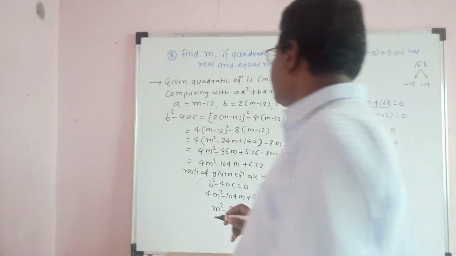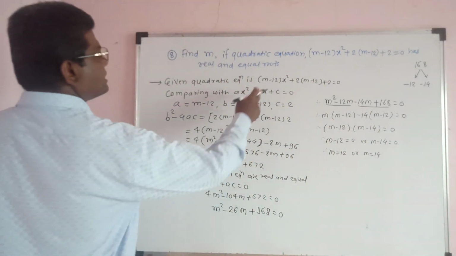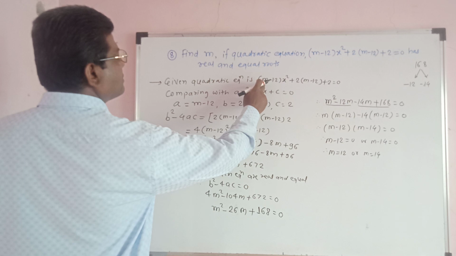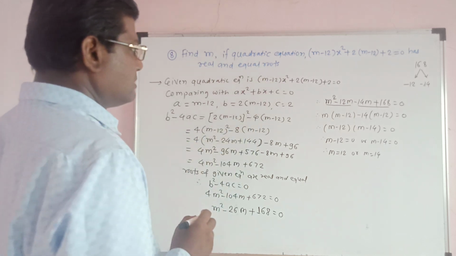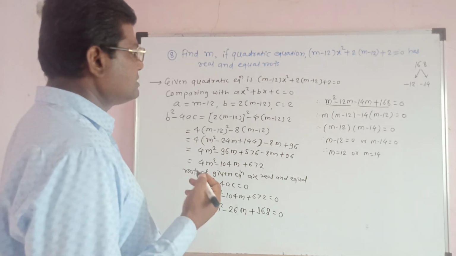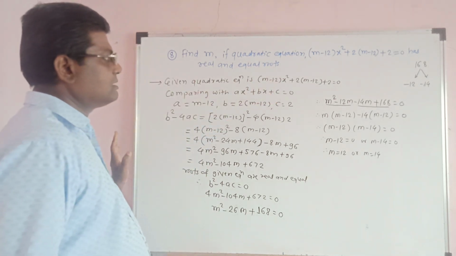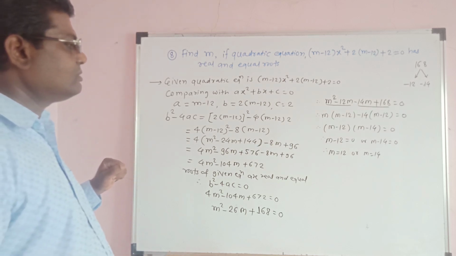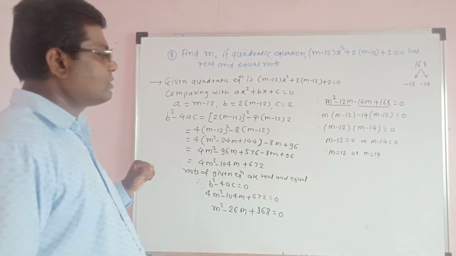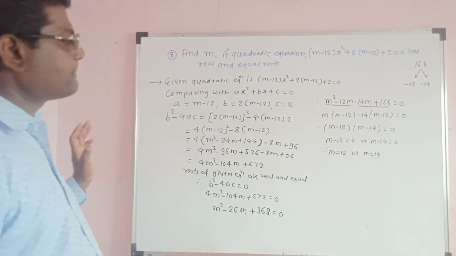Now let us see, if m is equal to 12, then 12 minus 12 is 0, and 0 into x² is 0. So the quadratic equation is not possible for the value m = 12. Therefore m = 12 is not possible.